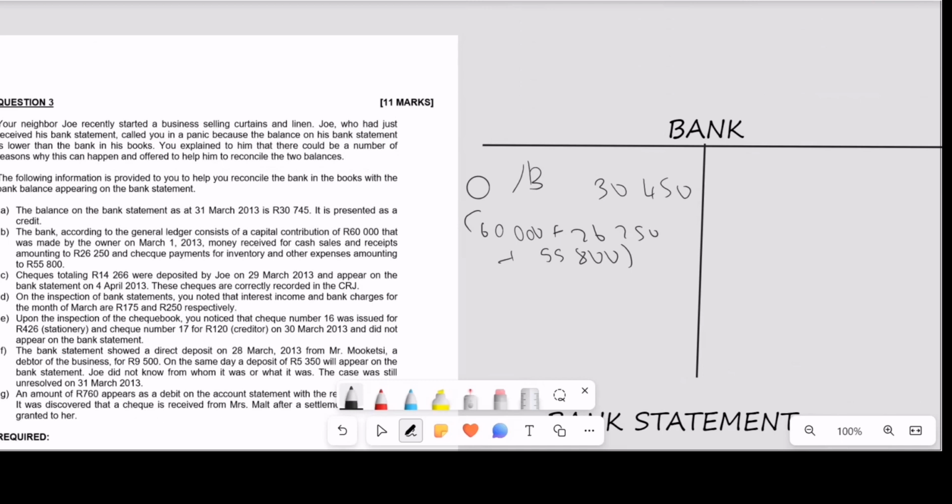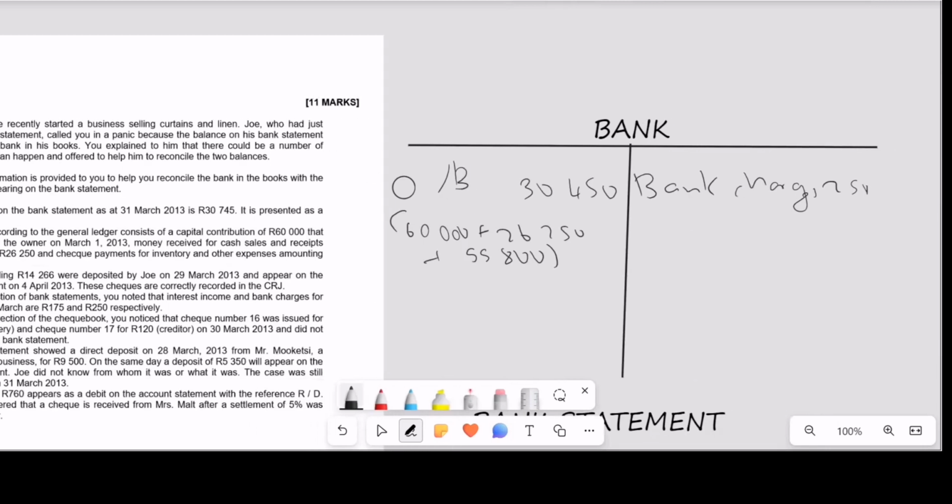In our bank, we wouldn't have taken them into account because it's not cash per se. So we'll have to include it in our bank. We'll say bank charges: 250. With this amount, guys, we include it here as 250 because we're going to have to pay it over to the bank.